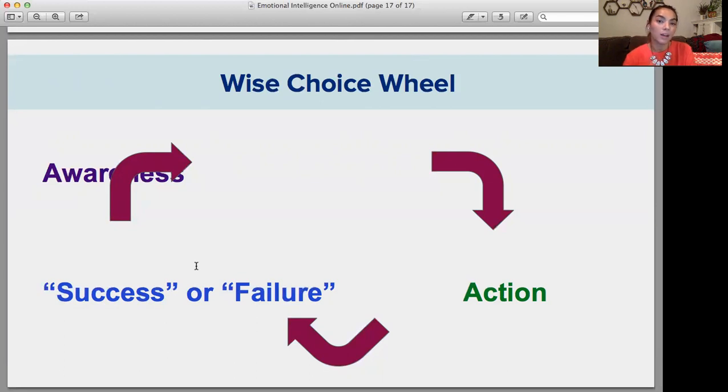But regardless, if we're using the wise choice wheel and we're aware and we're pausing and we're acting in our own power and we're taking that action that is powerful for us, even if it's just one baby step, a 1% step, it's going to lead us to success or failure, which, if we're using our awareness, we can study the success and the failure to take us next time into awareness when something comes up that triggers us, or that success brings us into the awareness of, ooh, that feels really good.